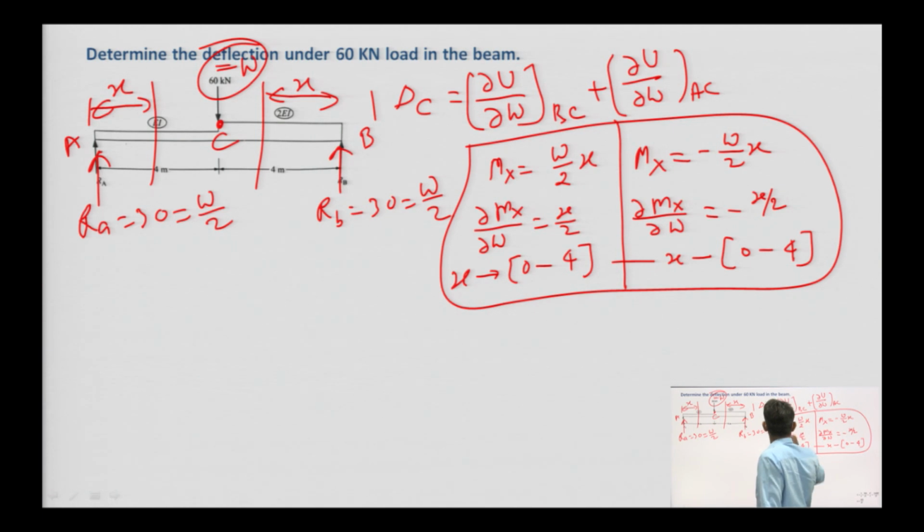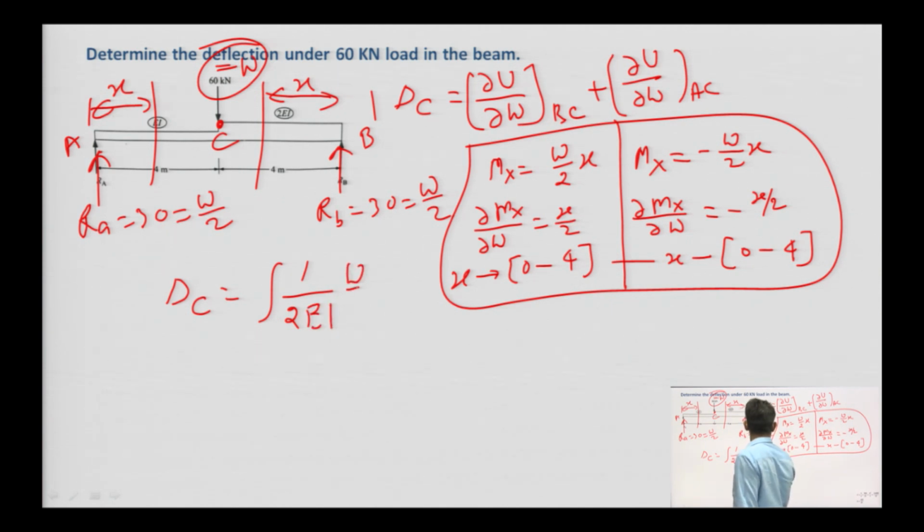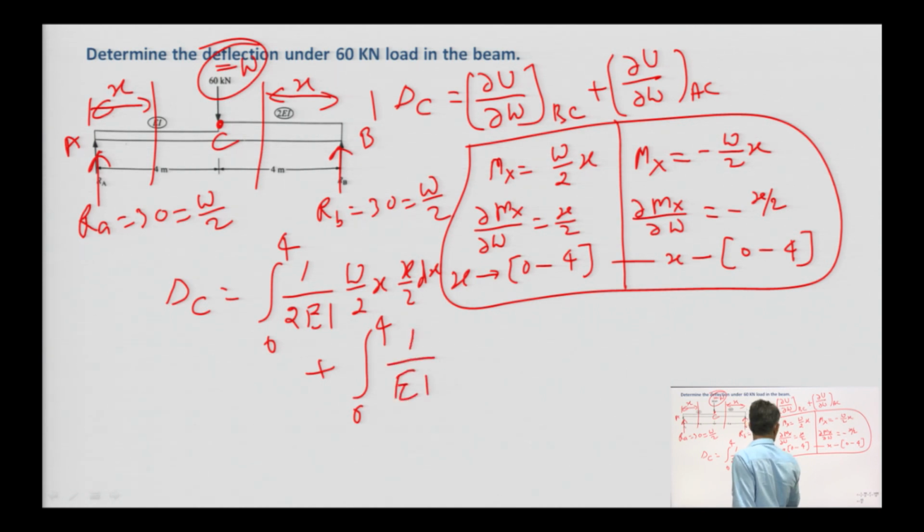Put this value in. So, delta C is the integration of 1 upon 2 E I into W by 2 into x by 2 into dx, limit 0 to 4, plus the integral 0 to 4 of 1 upon E I into W by 2 x, minus x by 2, into dx.